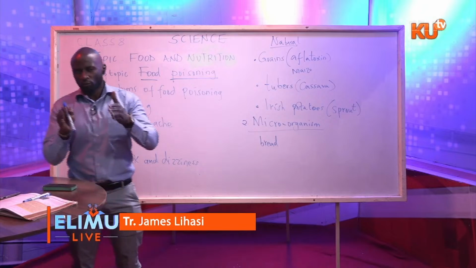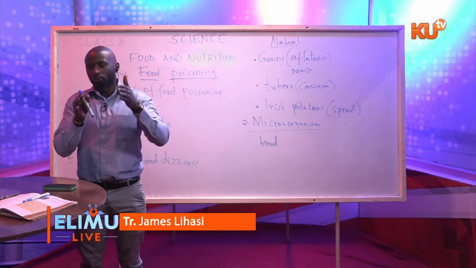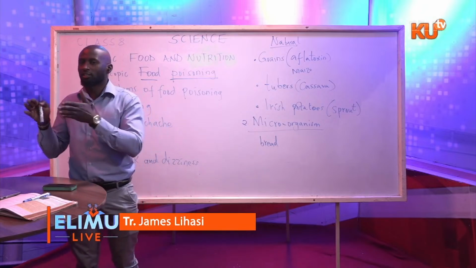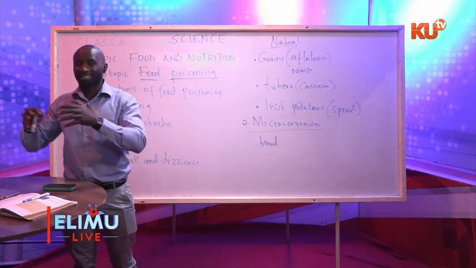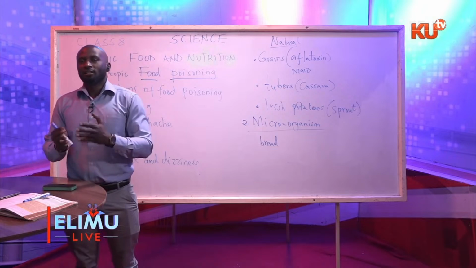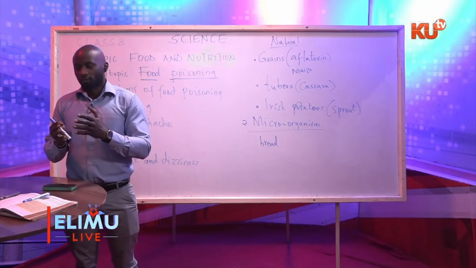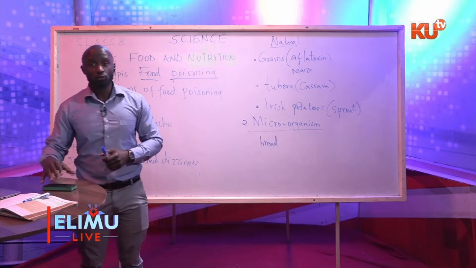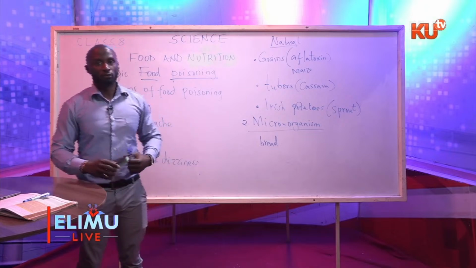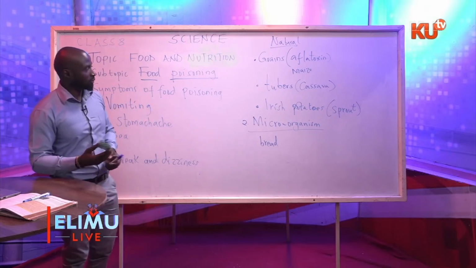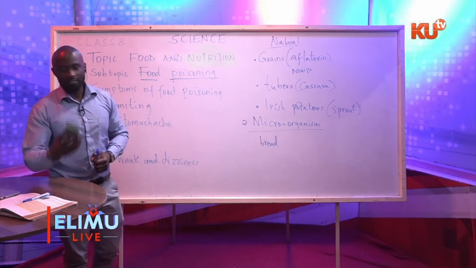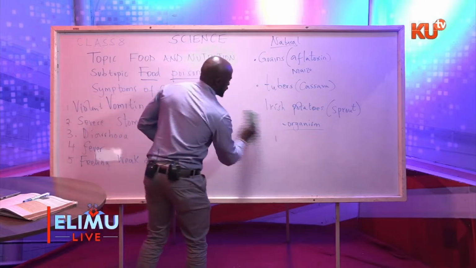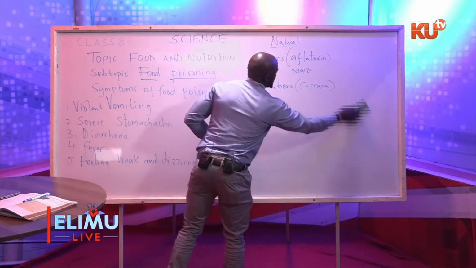So we shall focus mainly on the positive or the good food hygienic practices. If we capture the good food hygienic practices, then definitely we will consume food that is free from the agents of food poisoning. So let's talk about food hygienic practices.